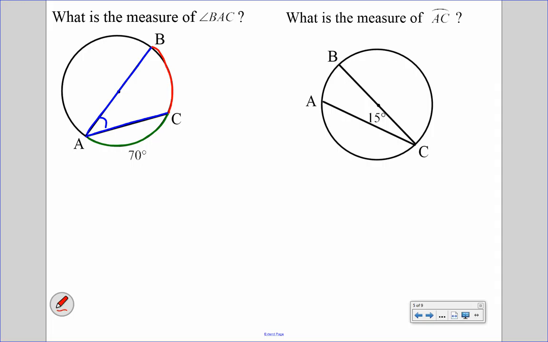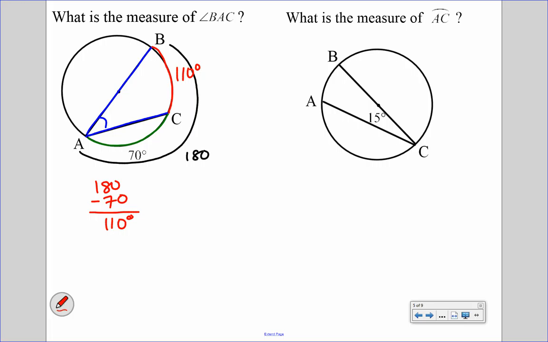What I notice is that I have a diameter, and a diameter gives me a semicircle, or 180 degrees. So to find that red piece, I can take 180 minus 70, and I get that red arc, which is 110 degrees.